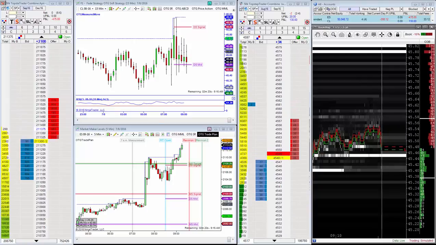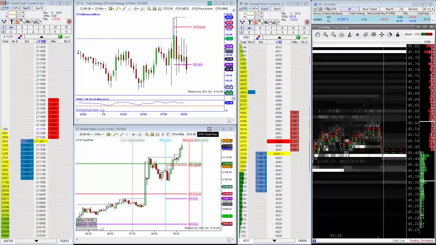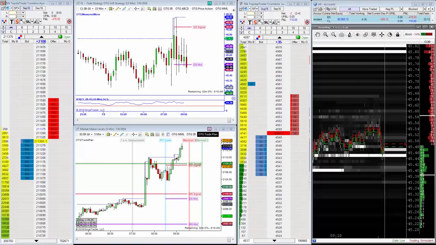There we go. 48, 47. We got to get down through 45. You've got a bottom down here to deal with at 40. And then a spike down around 30.